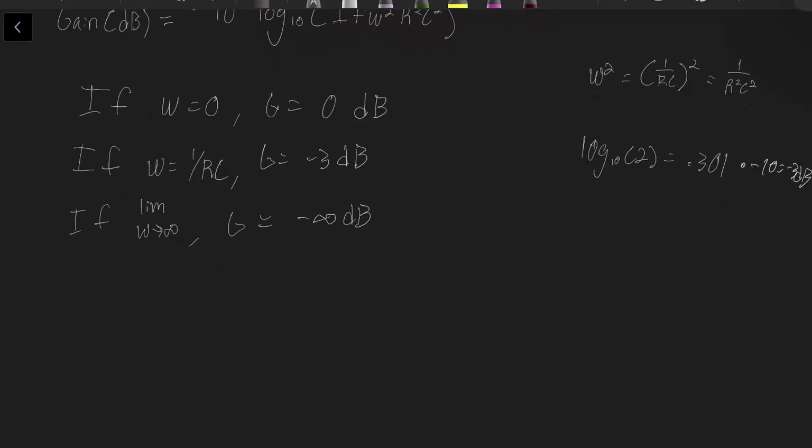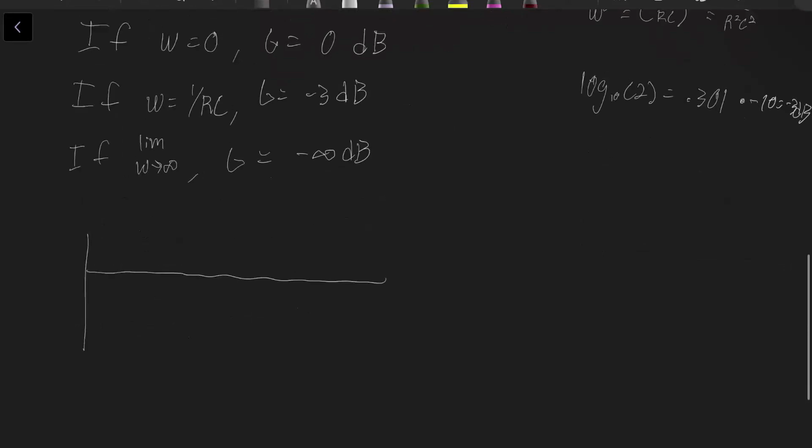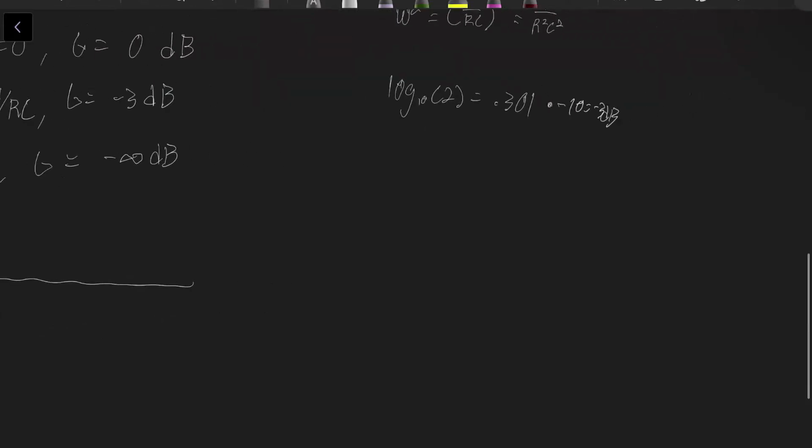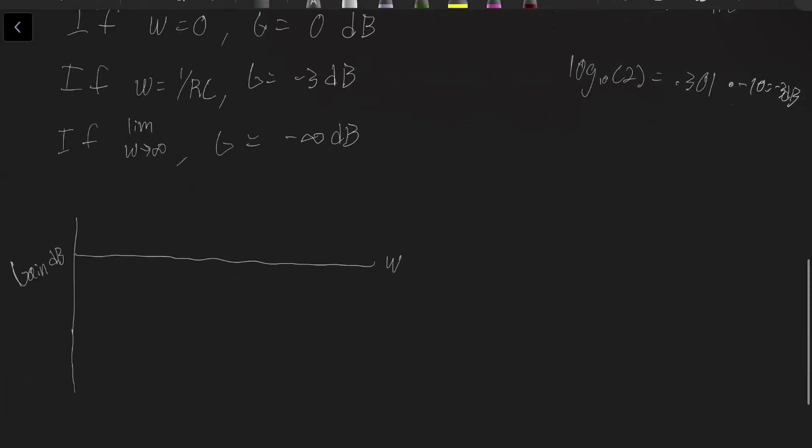Once we have this, we have everything that we need to graph this, right? Because if we take a magnitude plot, we have omega on our x-axis. We have the magnitude of our, I'll just write gain in decibels on our y. We're going to start from omega equals 0.